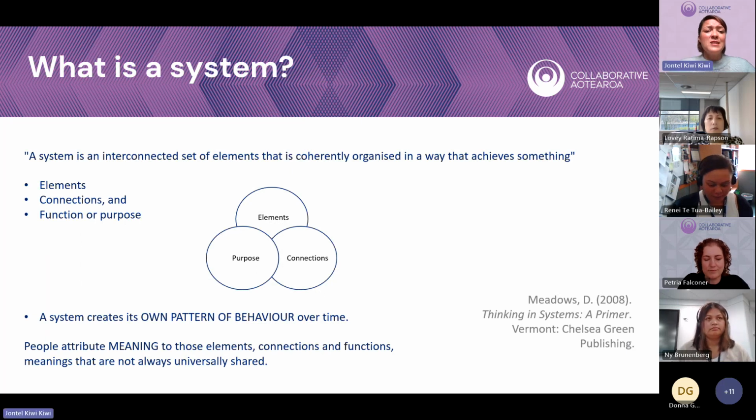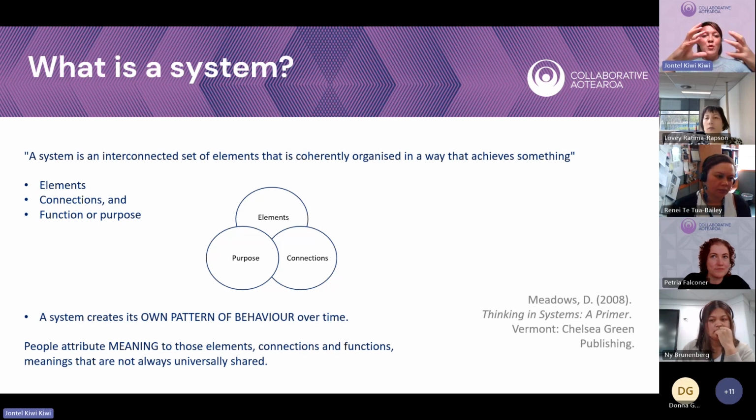So first of all, have a look at what a system is. It's an interconnected set of elements that is coherently organized in a way that achieves something. So the elements, you've got those coming together, then you've also got the purpose of the system, and then you've got the connections within the system. And quite often we see in our systems in society that we've got the elements there and we've got the purpose there, but not necessarily all the connections.